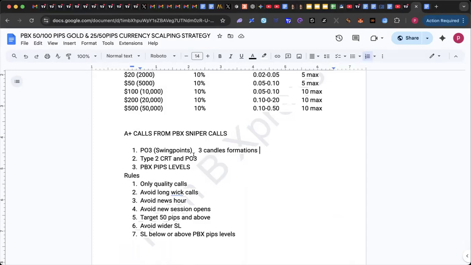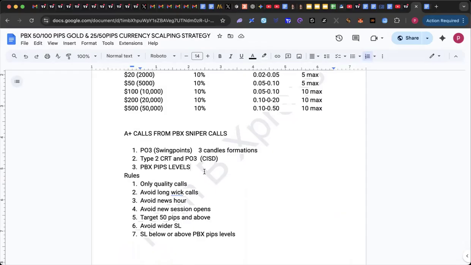Then outside the Power of 3, you can have type 2 CRT or Power of 3. This type 2 is called change in state of delivery. All right? So this is like smart money concept terminology. Don't worry. You don't need to know what it is. So now I'm going to show you an example of this.